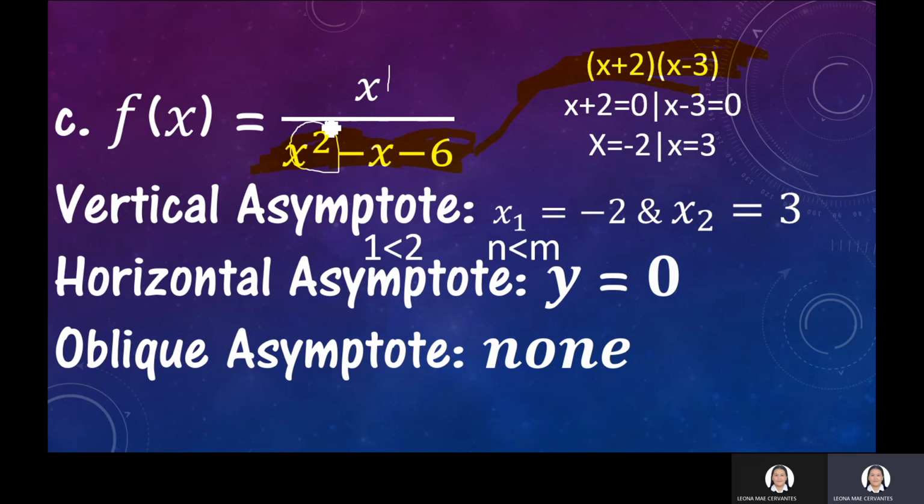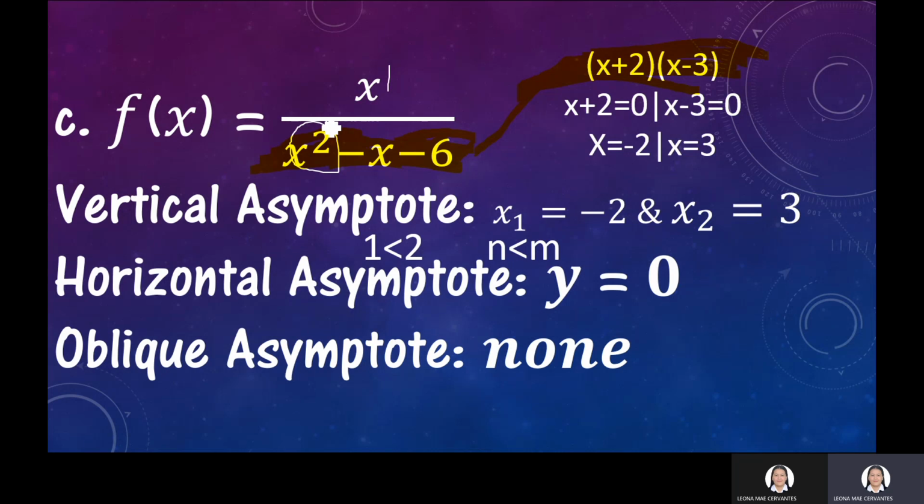Okay? Since n is less than m, then y is equal to 0. So, horizontal asymptote, y is equal to 0. Okay? Next, since we have a horizontal asymptote, then we don't have oblique asymptote. So, oblique asymptote, none.